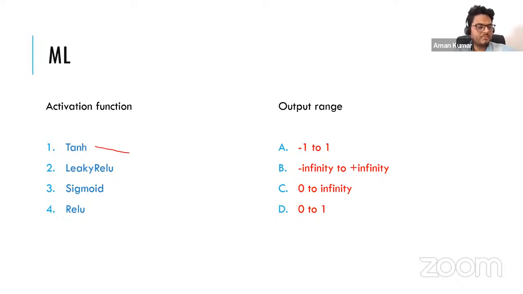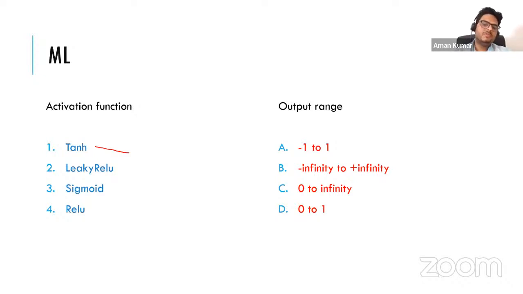For C, give me the complete thing. Don't say half things. Give me the complete thing. For B, you are saying Akhil. So what is correct? B or C? 4 is ReLU.